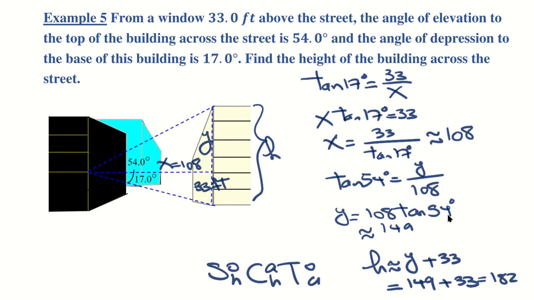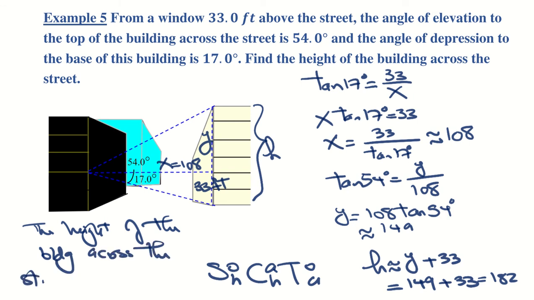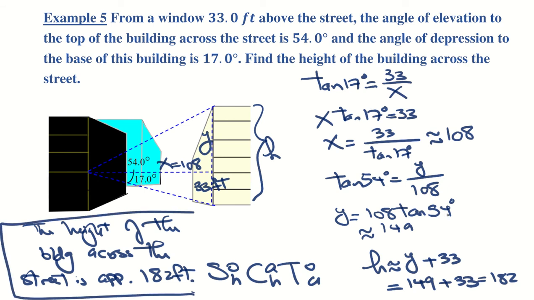So basically, the height of the building across the street is approximately 182 feet. It's a word problem. They ask us properly, we'll answer properly, right? So we'll use a full sentence, put the units in the final answer, the works, right? All right, and that's a nice application.